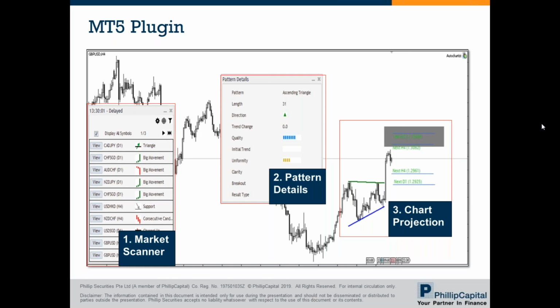That is not all. If you look at the blue horizontal line, you notice certain writings like next D1, next H4, and you see in the bracket beside it some key numbers. These numbers are actually pricing levels. What these blue horizontal lines are, is actually a volatility analysis.